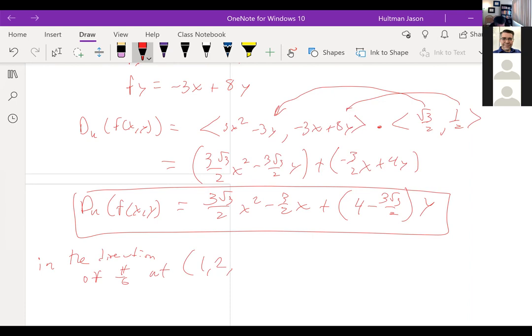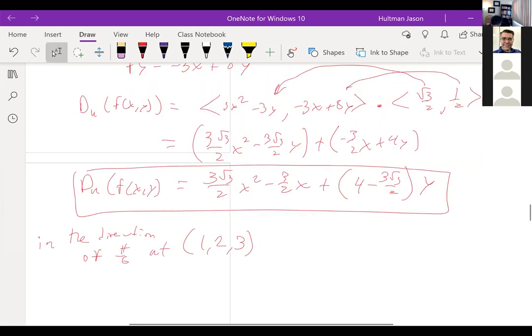I don't even know if I want to calculate that, but let's see what it is. 1, 2, that's 1 minus 6 plus 4? No, plus 8. 1 minus 6 plus 8, that's 3, I think. So this is 1, 2, 3. Okay, at the point 1, 2, 3.